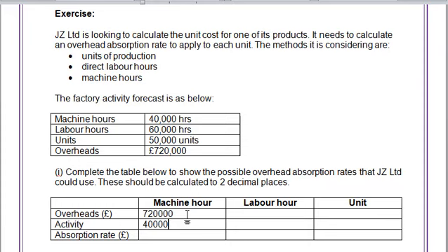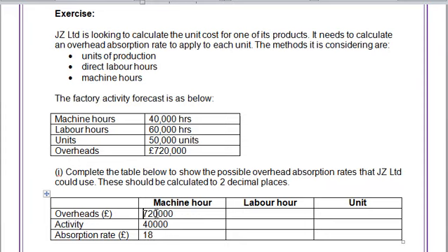Then we will calculate the absorption rate as 720,000 divided by 40,000, and that will give me 18. That means that for every machine hour that the product spends in your factory, you will charge £18 to cover overheads within the organization.